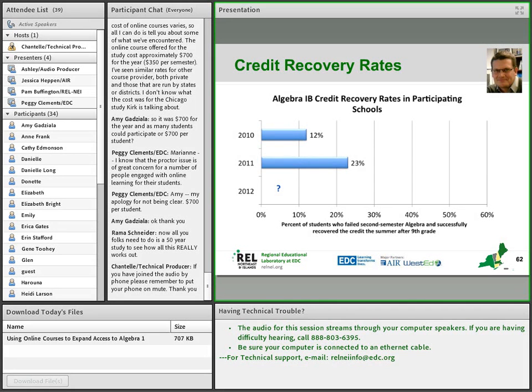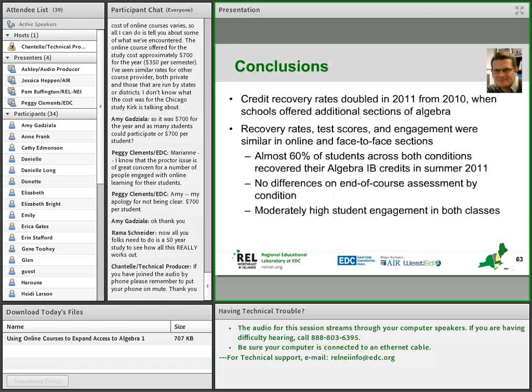So I think there's a conclusion. Again, these are really early findings. We do know that the overall credit recovery rates, online versus face-to-face combined, nearly doubled from 2010 to 2011.